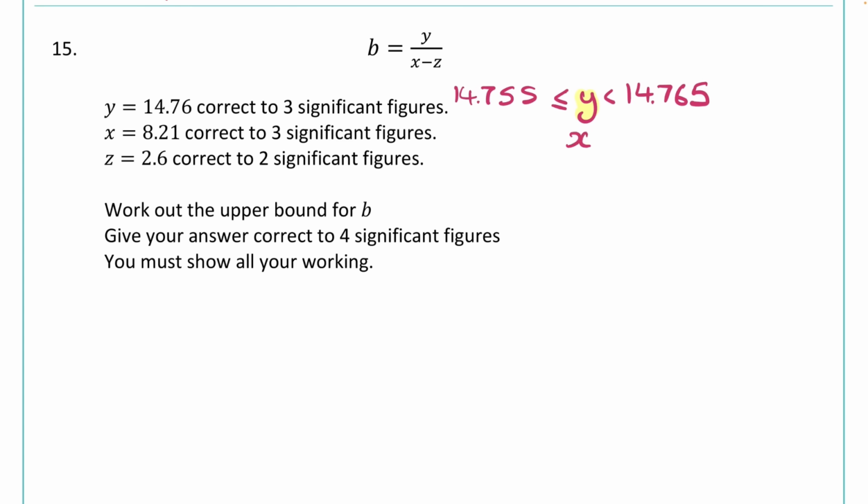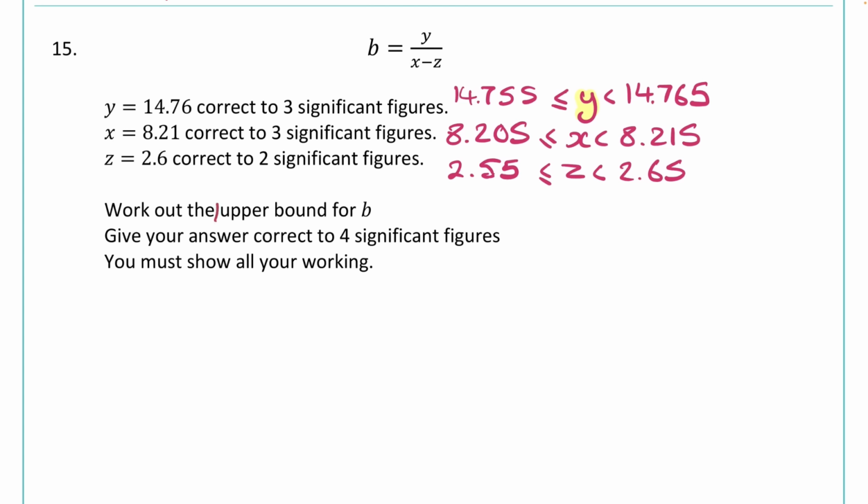For x, we have 8.215 at the end, and 8.205 for our smaller one. Z, and not forgetting our error interval arrows there, we have 2.65 on the end and 2.55. And there we go, there's our upper and lower bound for each number.